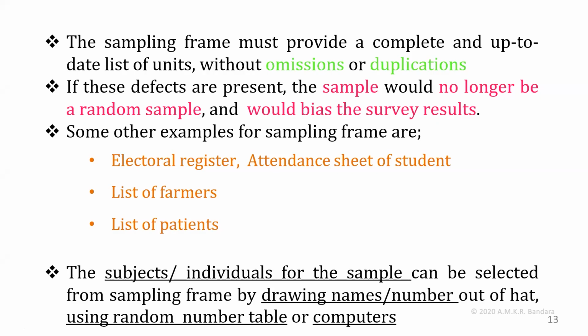Then unfold those chits and look at what are the selected numbers, and assume you selected number 25, number 52, number 58. Likewise, then you can mark those numbers from the sampling frame and contact those persons to collect the data. Or you can use random number tables or computer softwares to draw these samples.